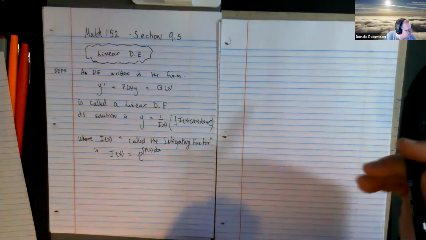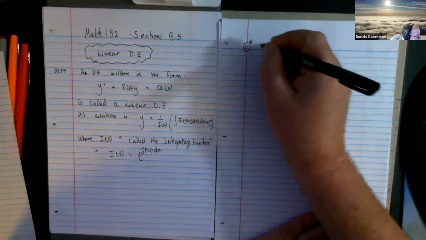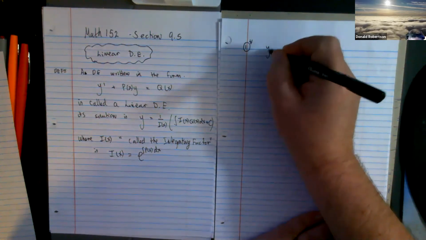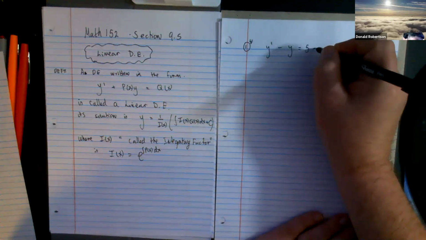with a very simple differential equation just to get the ball rolling. y dashed, take away y, equals 5e to the x.